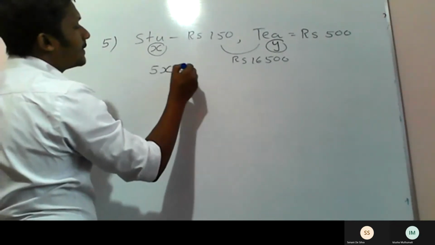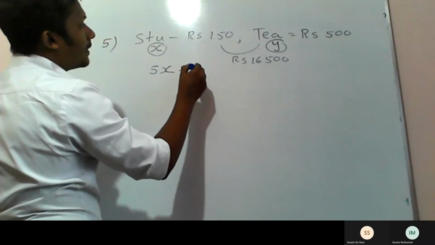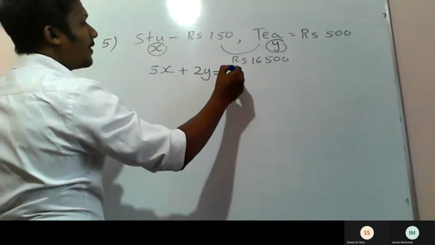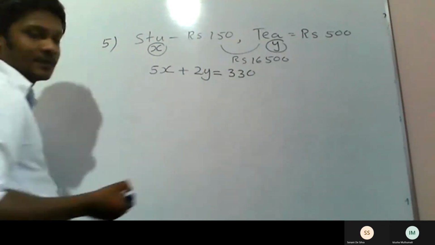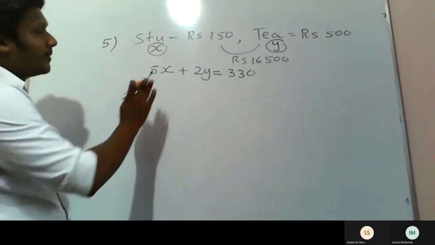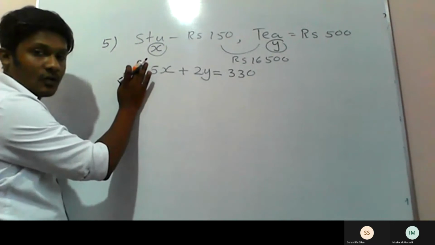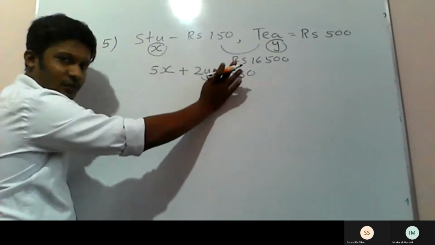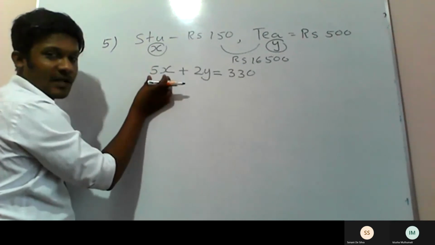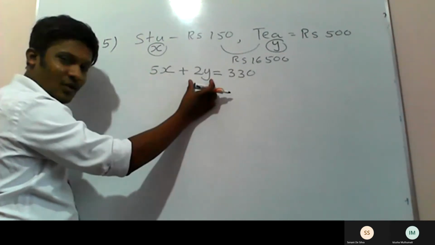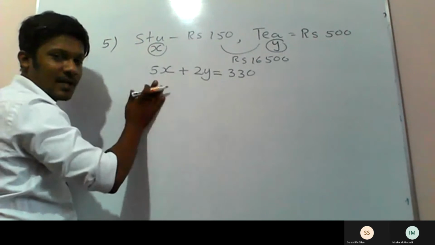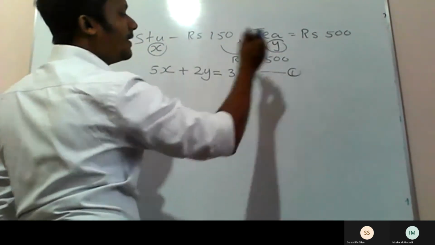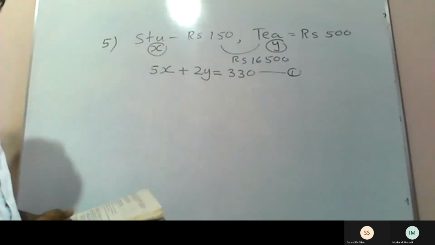Then 5x plus 2y equals 330 plants, because we know 5 plants for students, 2 plants for teachers. Then 5x is the total number of plants for students and 2y is the total number of plants for teachers. The sum of the two equals 330. This is equation number 1.